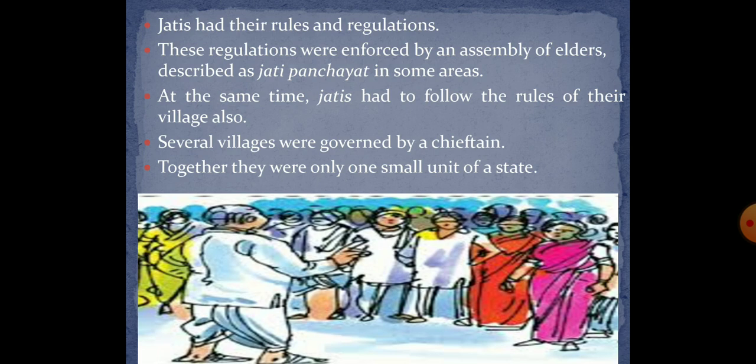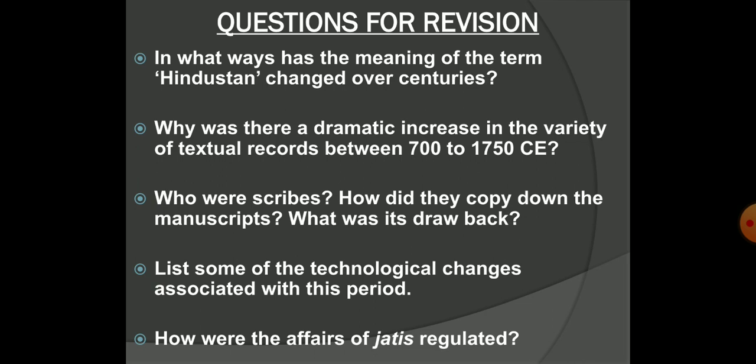Now, before winding up the presentation, here are some questions for you so that you can revise the topic once again. The first question is, in what ways has the meaning of the term Hindustan changed over centuries? Second, why was there a dramatic increase in the variety of textual record between 700 and 1750 CE?